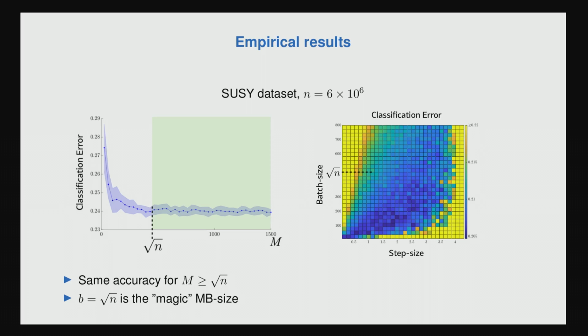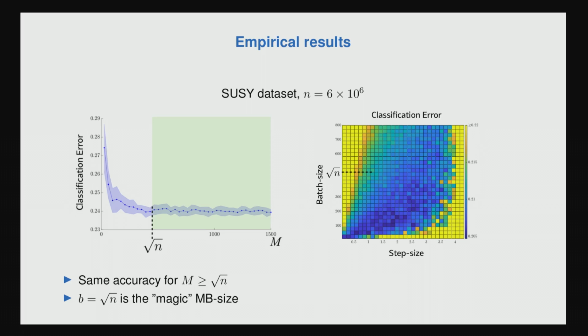One thing that we can see is that, as the theory was suggesting, we can pick a number of random features which is around square root of n, and picking it bigger, so increasing our computational complexity, doesn't pay us back. If we pick a bigger number of random features, our classification error doesn't improve more.